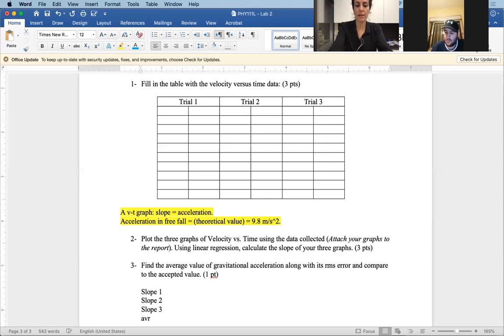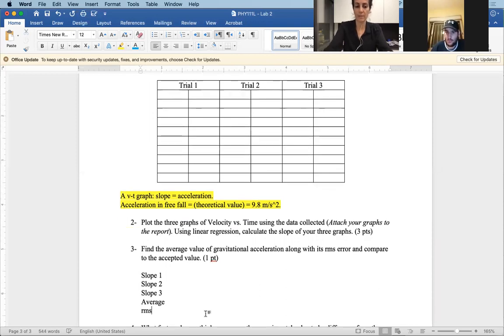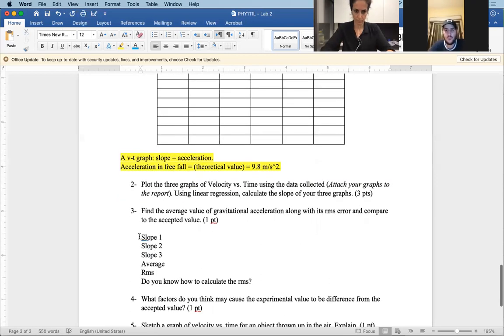And then you're gonna find the average. And then you're gonna find the RMS. Do you know how to calculate the RMS? I don't know how to calculate it.